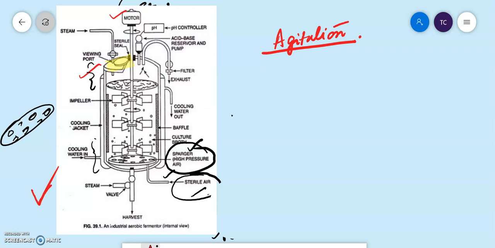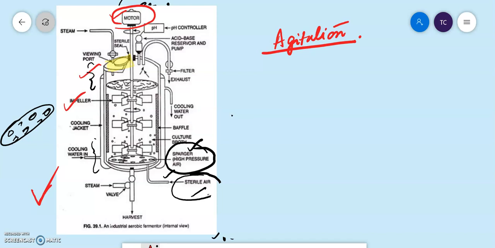It comprises a motor which allows rotation, a shaft, and the impeller blade. Try to understand my point: motor, shaft, and impeller blade. What does it mean? It is like a fan. The fan rotates; here also it is like a fan with a motor, shaft and impeller blade.